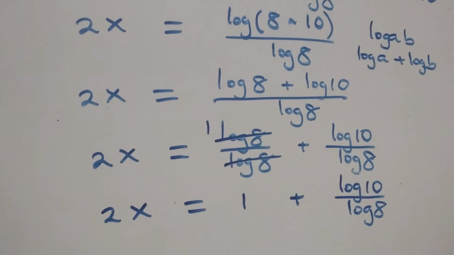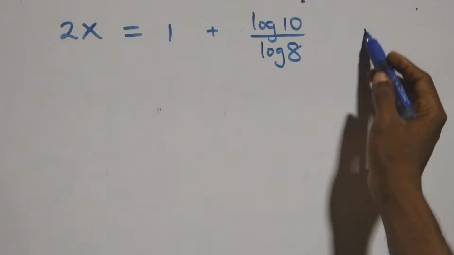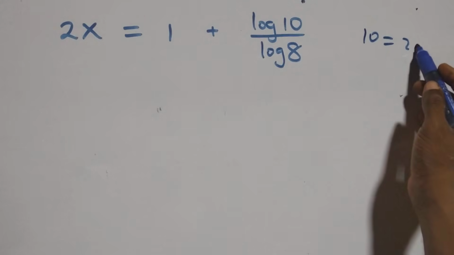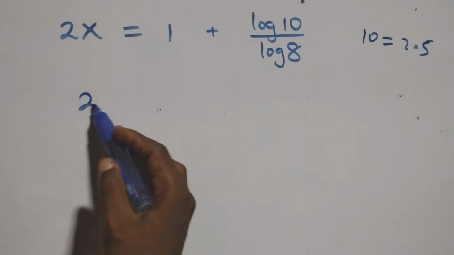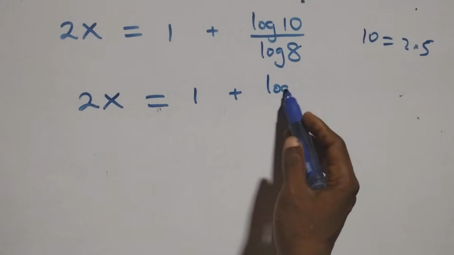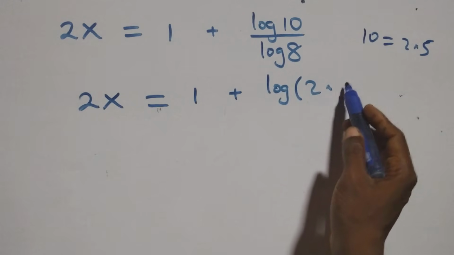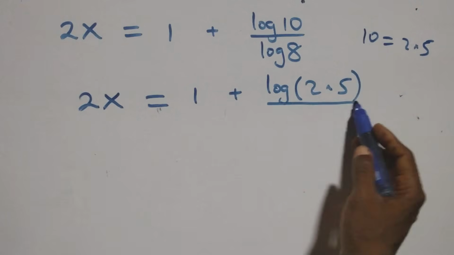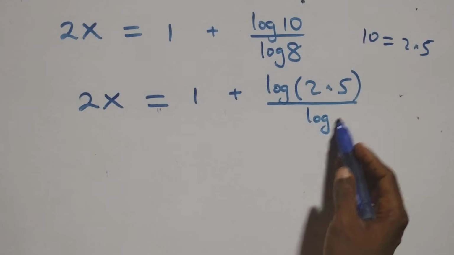Next step, we can write 10 as 2 times 5. What we have becomes 2x equals 1 plus log 2 times 5 over log 8.